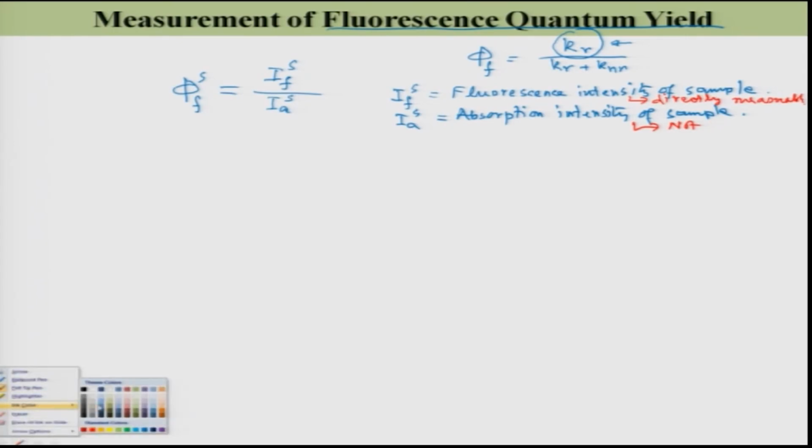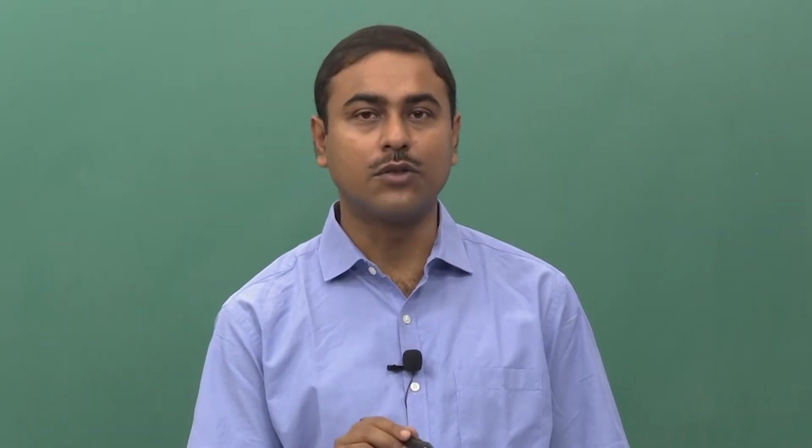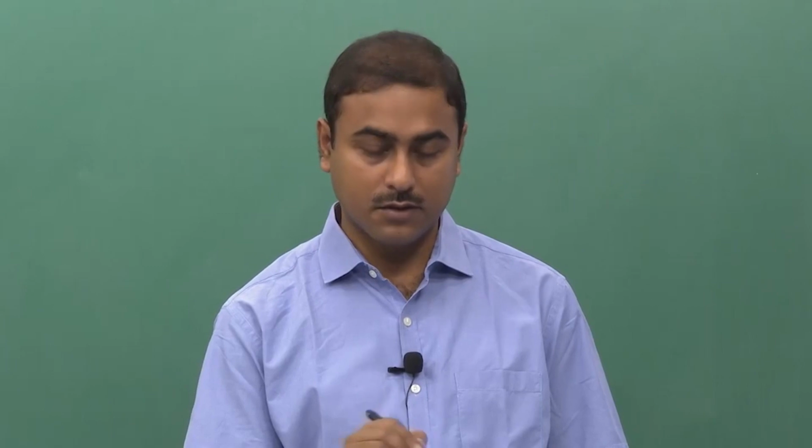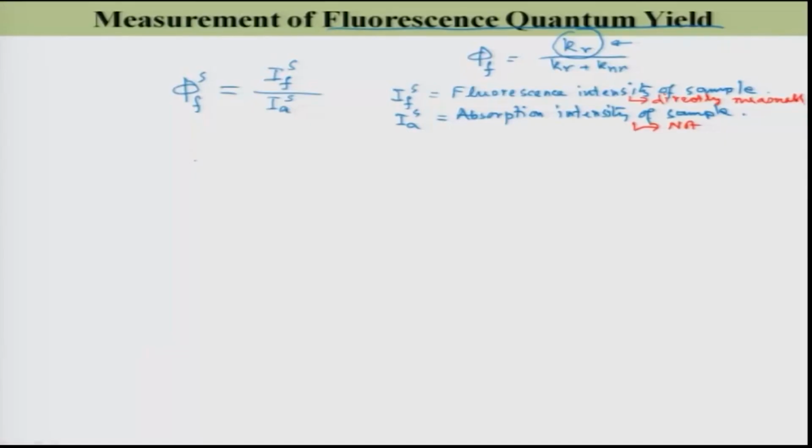Instead of that, if I have another molecule which I call the reference, and for that particular molecule the fluorescence quantum yield is known beforehand, right. So, let me take another molecule which is phi f r, right. This is the fluorescence quantum yield of a known molecule which is referred to as the reference molecule, right.